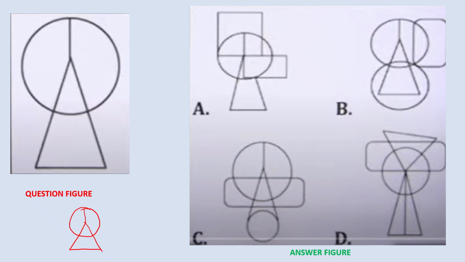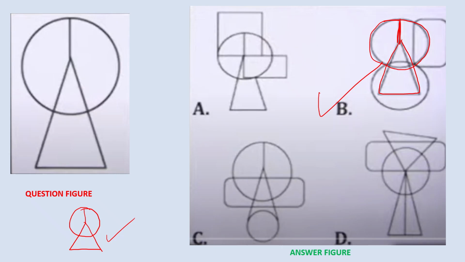Check properly where this figure is embedded in the answer figure. If you go for option B, you will get it. See, here is the circle, here is the triangle, and then you have a line joining them. So option B is the correct one.